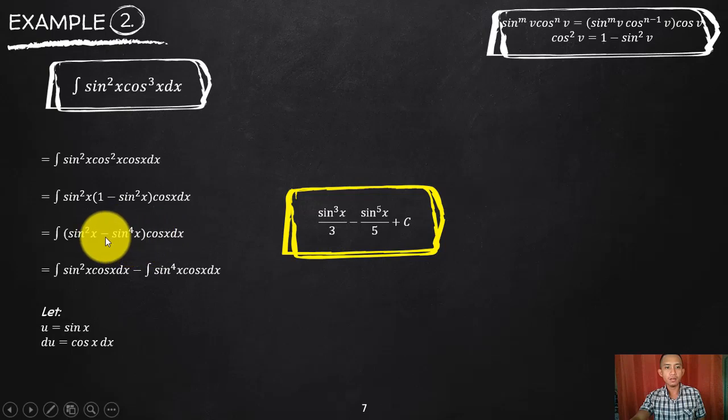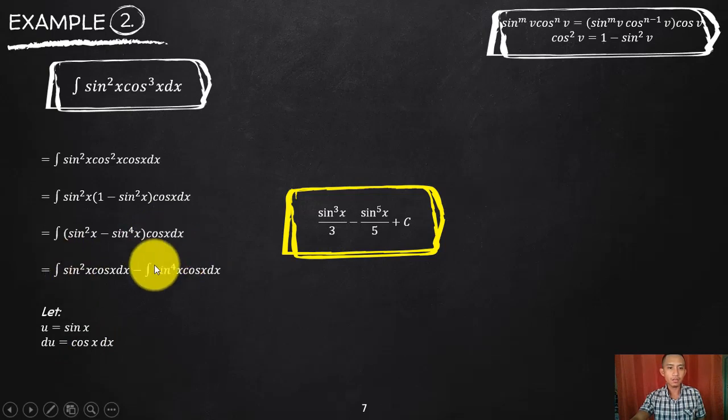Sine has a derivative of cosine. So let your sine be your u, then the derivative of your u will become positive cosine x dx, since your angle is just x. So there is no constant there. We do not actually need a balancing factor since that is completely there.